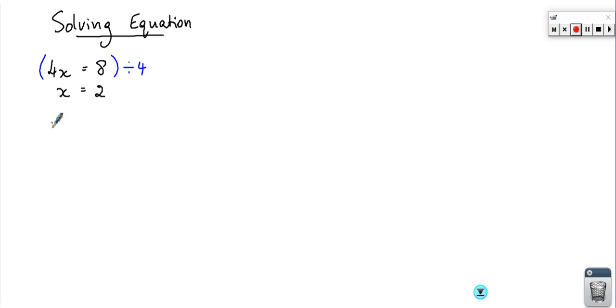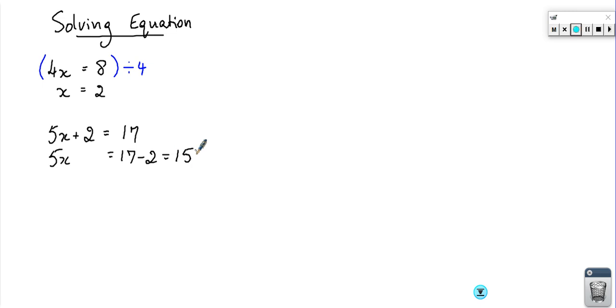Let's see further examples. Suppose we have 5x plus 2 is equal to 17. So I have a number which, when multiplied by 5 and then 2 is added, the answer is 17. Even mentally, that's a very simple equation, but what we're going to do is subtract 2 from both sides of the equation, or move 2 to the other side, and I get 17 minus 2, which is equal to 15.